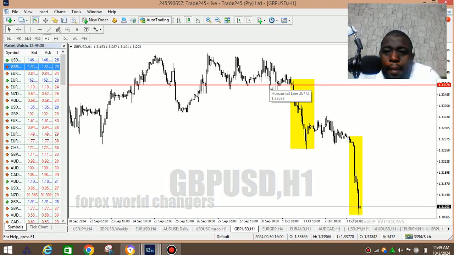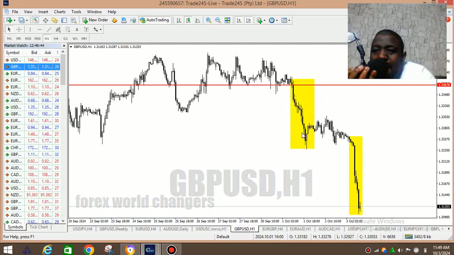So the price decided to break this level, but the good thing is we can still make money with this level, because it decided to break this level, but it hasn't retested.